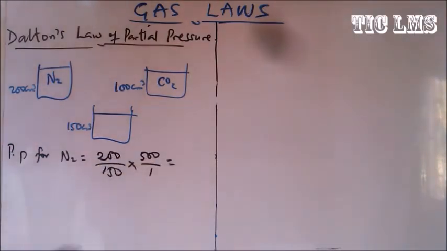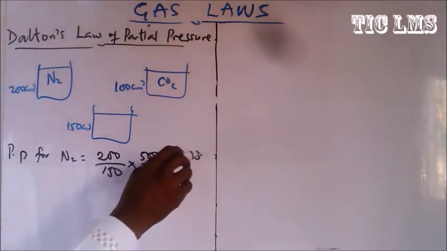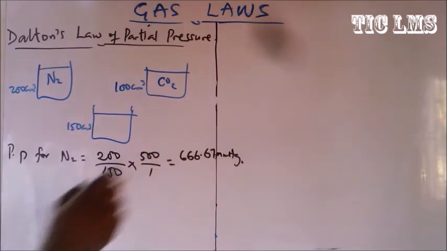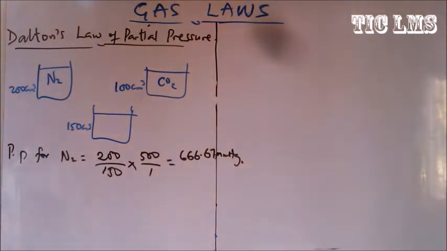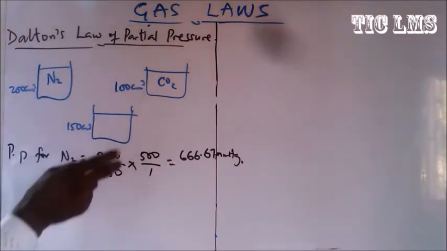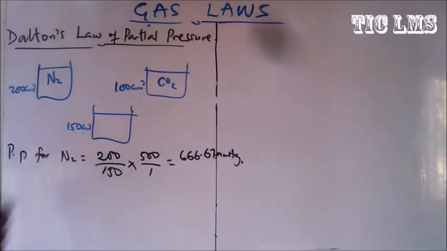And so when we multiply this out, we have 666.67 millimeter mercury. So that means that in the bigger container, it had 500 millimeter mercury of pressure, but when it was put into this smaller container, the pressure increased.